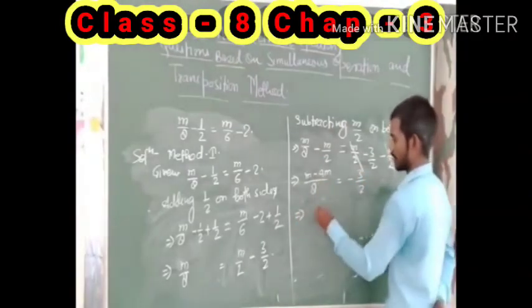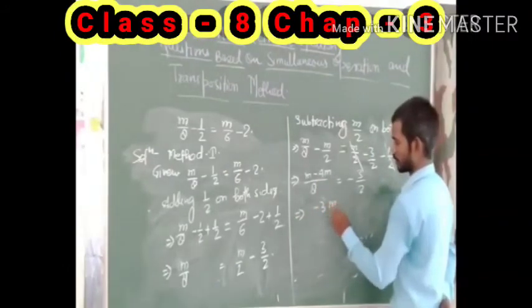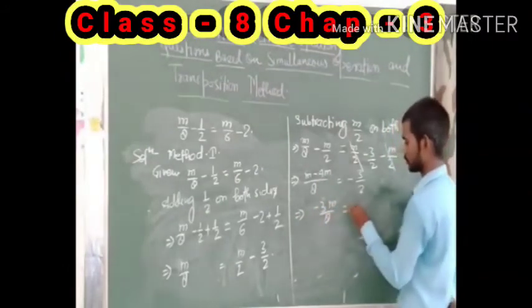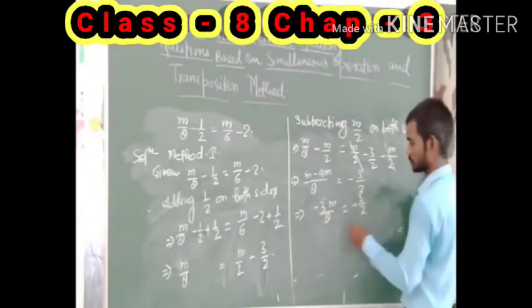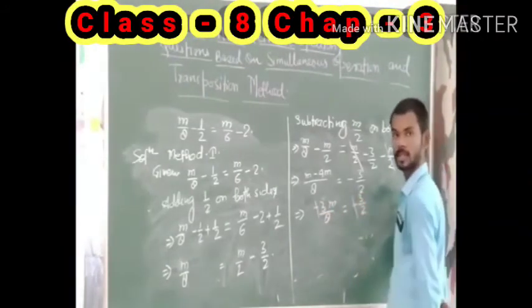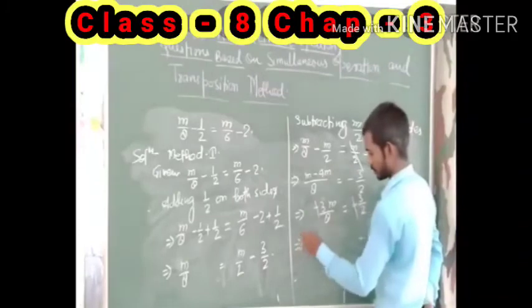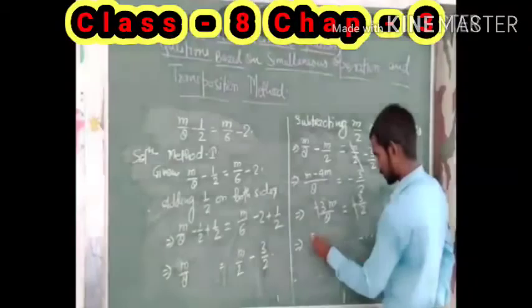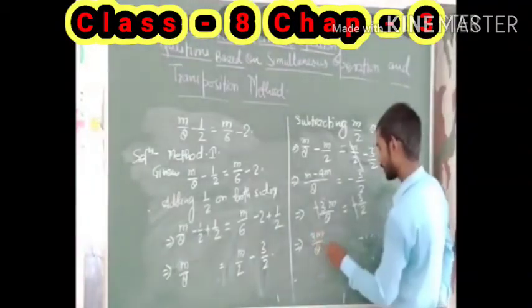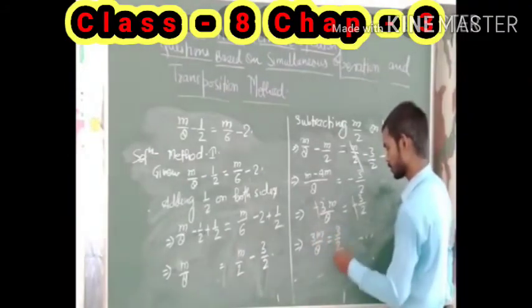This implies minus m upon 24 is equal to minus 3 upon 2. Minus and minus cancel out. This implies that m upon 24 is equal to 3 upon 2.